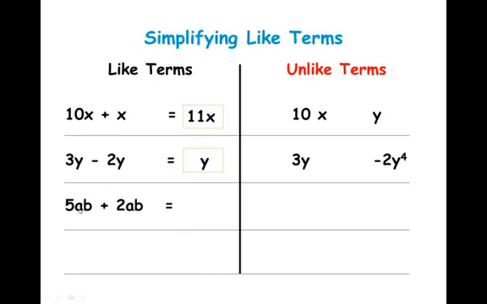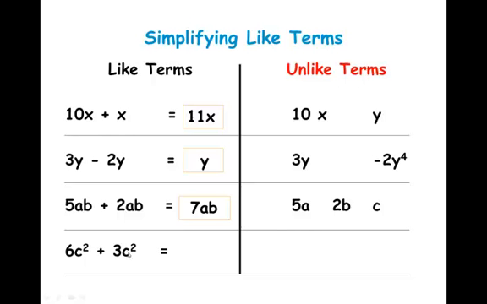This one here, remember AB is a family, and both of these are AB. Therefore we can add these two together. So 5 lots of AB plus 2 lots of AB gives us 7 lots of AB. If we have 5A, 2B and C, they're all from different families, therefore we cannot add them together. And lastly here we have 6C squared plus 3C squared.